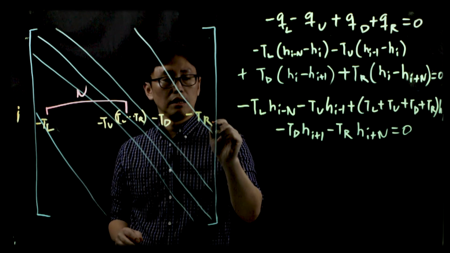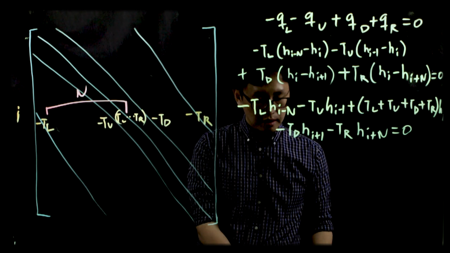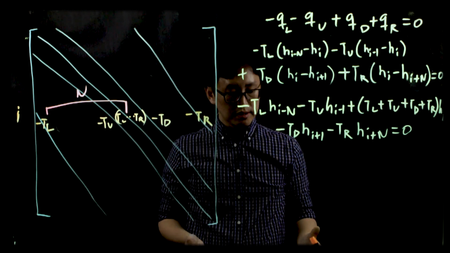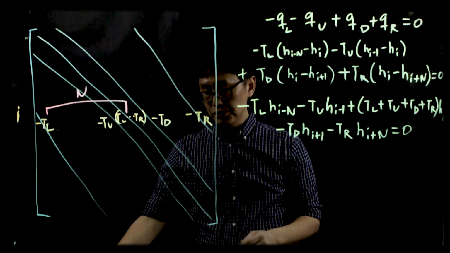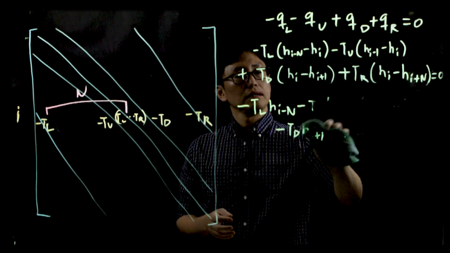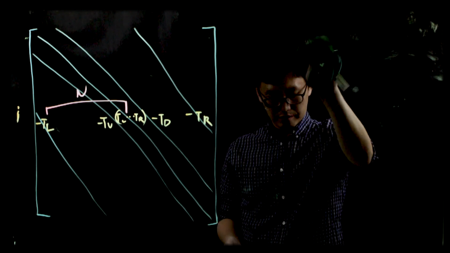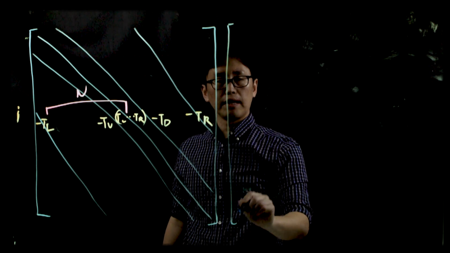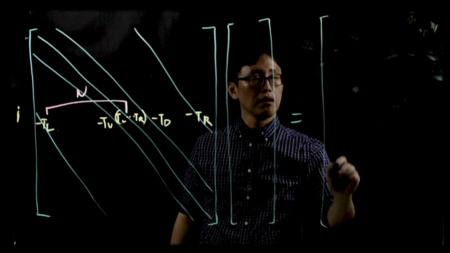Minus TR. And we should implement the other non-zero values considering the boundary conditions. And we have to also write the head boundary vector. So that will be here the head vector and the right-hand side column vector.